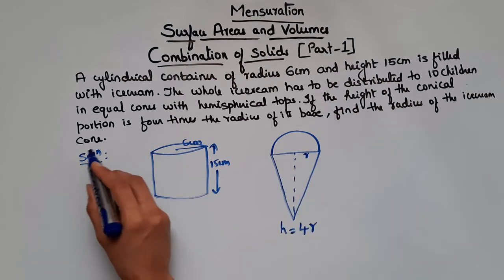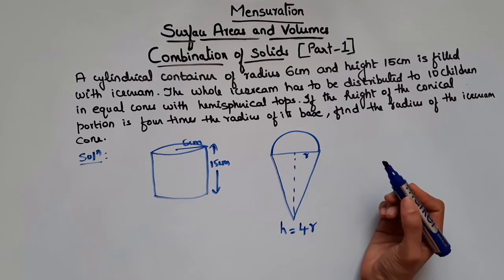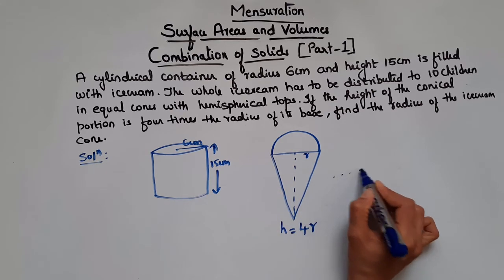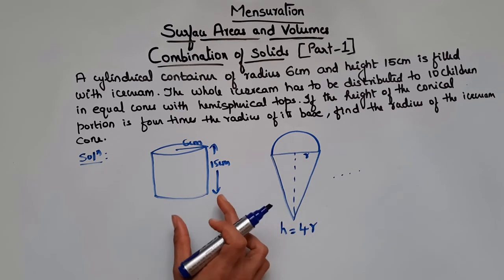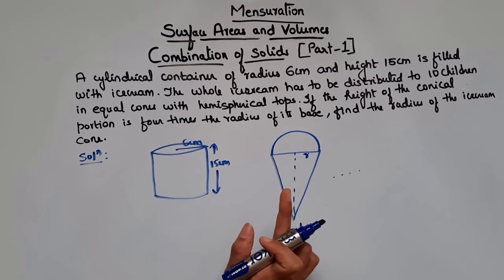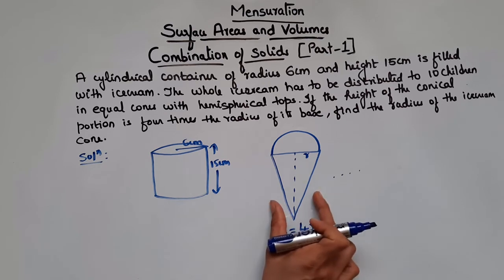Find the radius of the ice cream cone, so we have to find this r. As I said, we have to make 10 such cones, right? So now if you see, the volume of ice cream in this container has to be equal to 10 into this cone. We have 10 such cones.